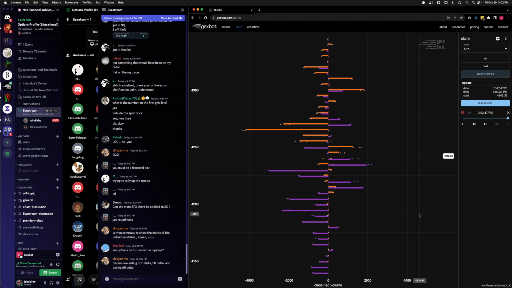Yeah, slot gamma, but what do you mean in terms of it being displayed? Do you also mean basically a price ladder like we have right now, except that instead of classified volume, it's delta weighted classified volume, something like that? What type of UI are you envisioning here?